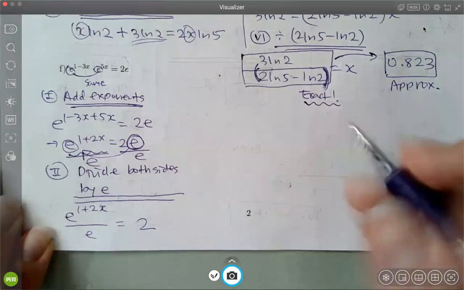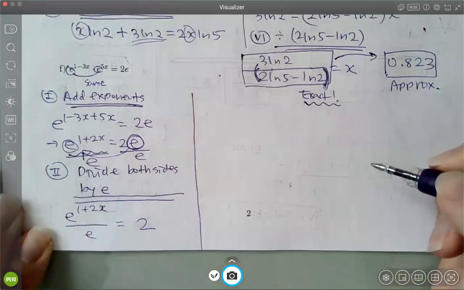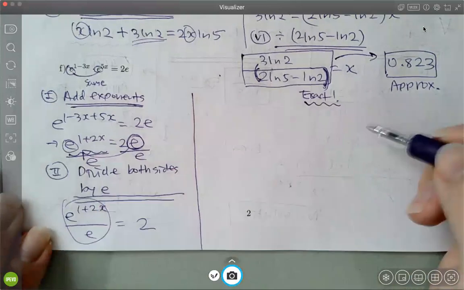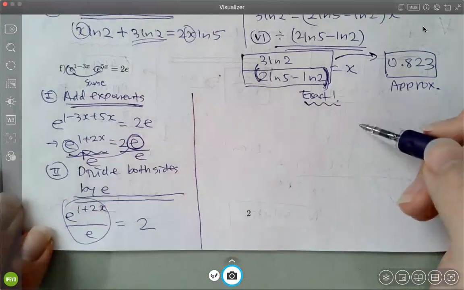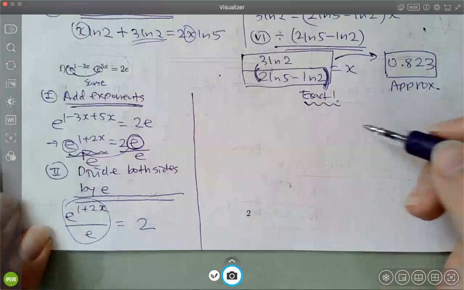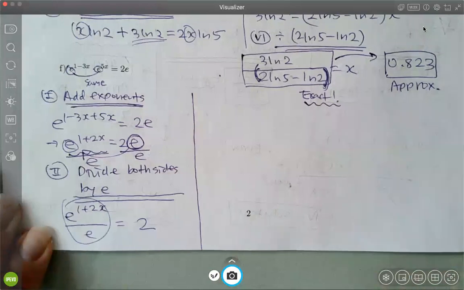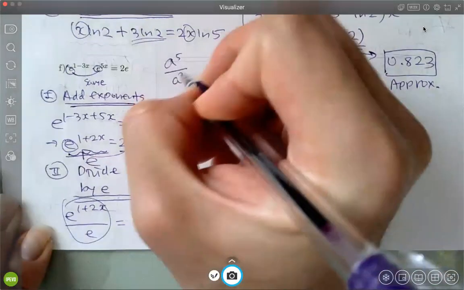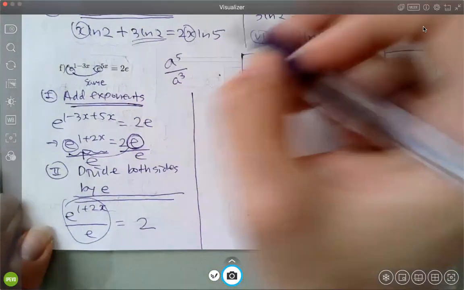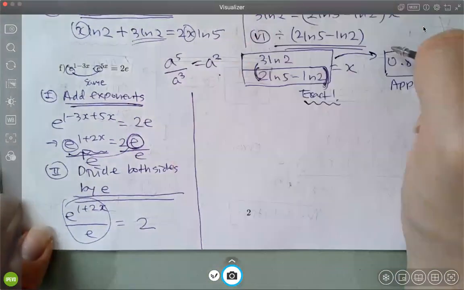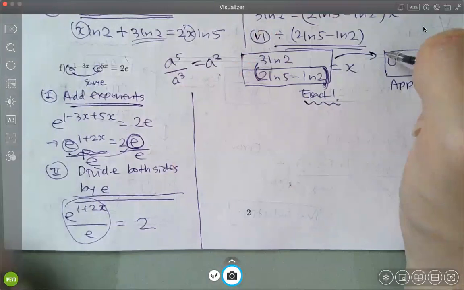And now, how can you possibly rewrite this left-hand side into just one exponential form? As an example, a to the 5th power over a cubed is equal to a squared, right? And how do you know it's a squared? You subtract the exponents, 5 minus 3, right? So can you do the same thing here?